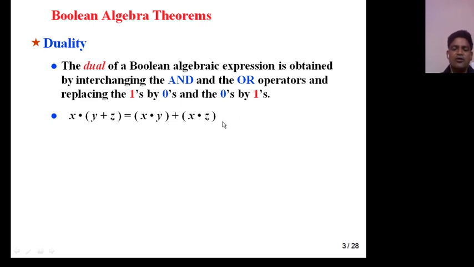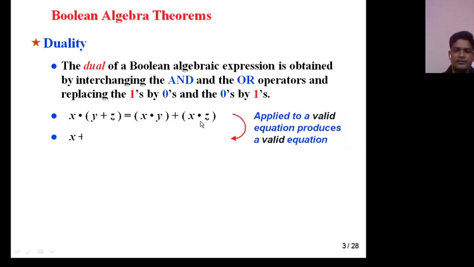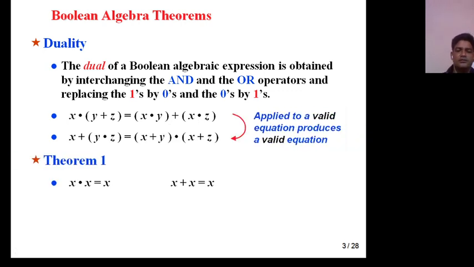In last class I already discussed. So what will be the dual? x plus y dot z equal to x plus y dot x plus z. This is your final dual expression.